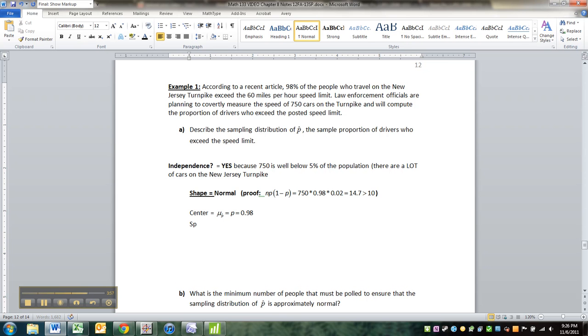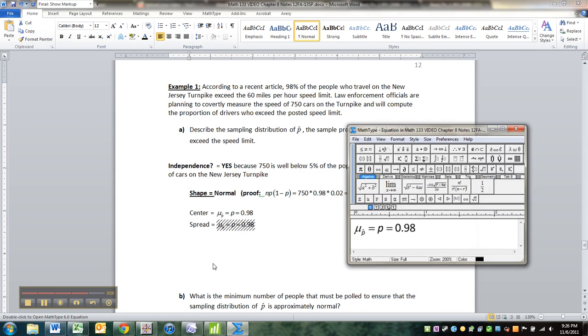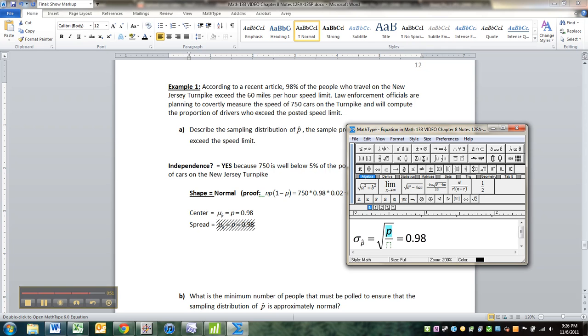And then the spread, that's sigma p hat, which is equal to the big square root of p times 1 minus p over n, which would be equal to the big square root of 0.98 times 0.02 over 750. And I'm going to make Excel find that for us.